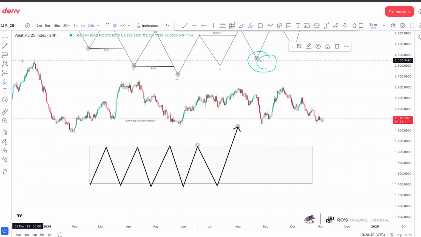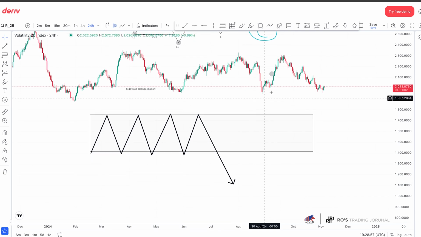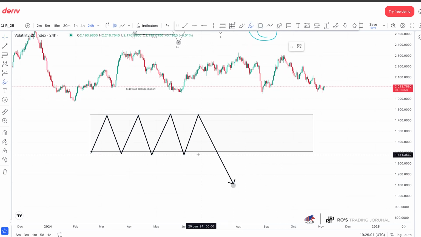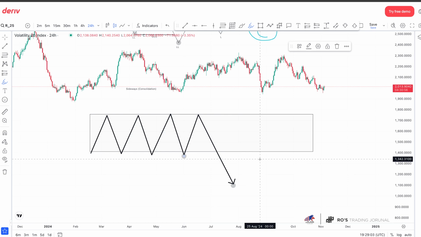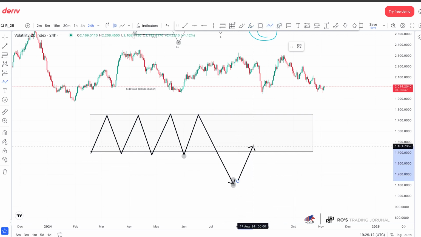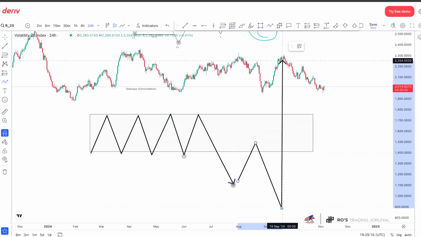Let's say, for example, it didn't break out to the high, maybe it broke out to the low. Then you're going to have a lower low, because this is lower than your previous low. You understand? And then the market will pull back, and then you're going to create another lower low, and so on and so forth.